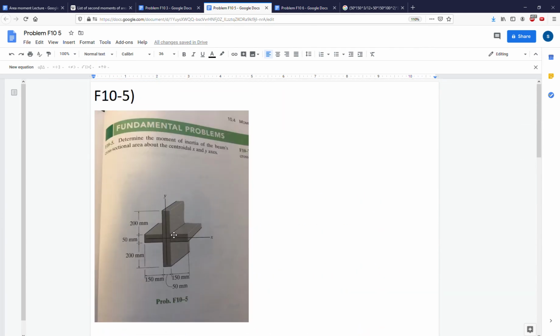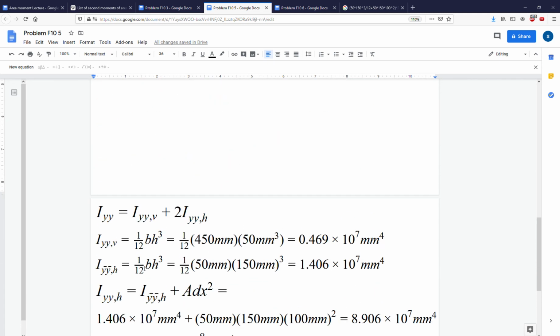Well, this time base is this 50 millimeters, and height is 150 millimeters. So 1/12 base times height cubed gives 1.406 times 10 to the 7th millimeters to the 4th power. And again, that is the moment of inertia about the parallel y-axis.